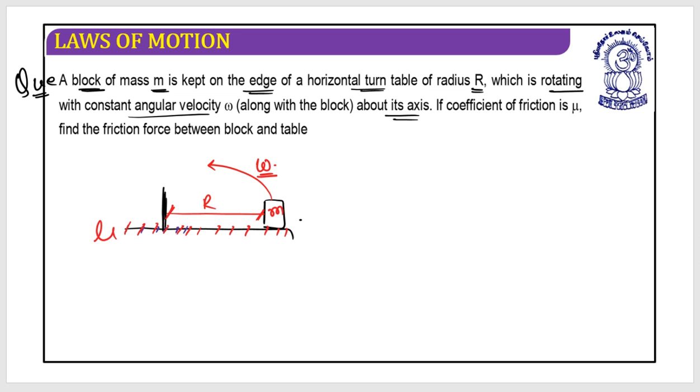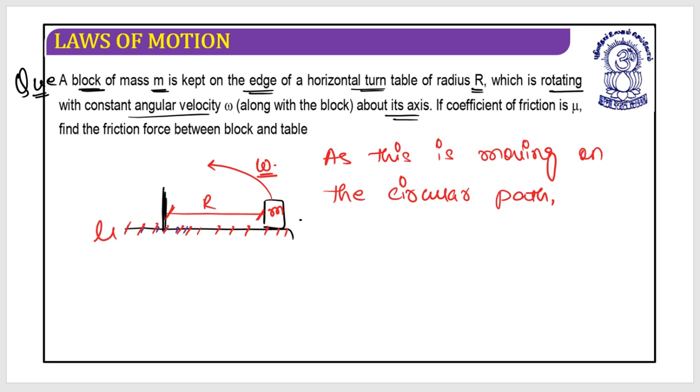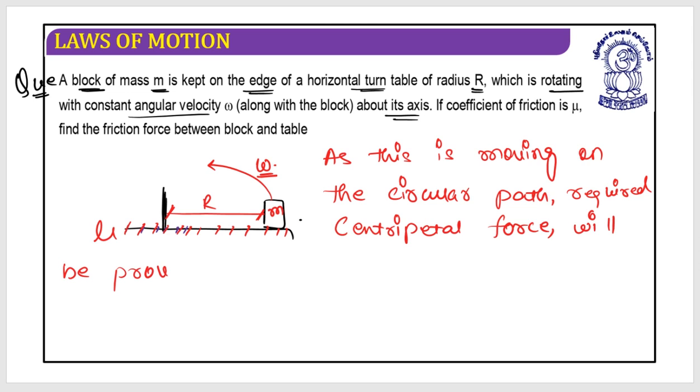So the frictional force between block and the table: as this is moving on a circular path, the required centripetal force will be provided by the frictional force.